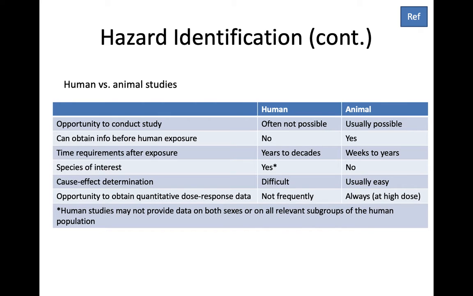Cause effect determination: it's difficult to say what effect an exposure would have on humans, and it's usually easier in animals to assess those differences. Opportunity to obtain quantitative dose response data: not frequently done in human studies, but usually done in high doses in animal studies. Human studies may not provide data on both sexes or on all relevant subgroups of the human population.